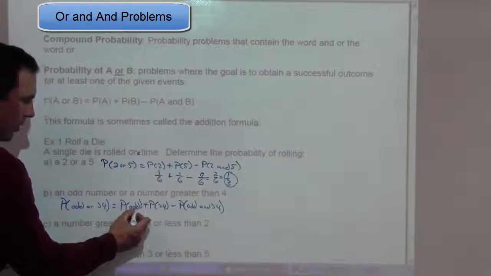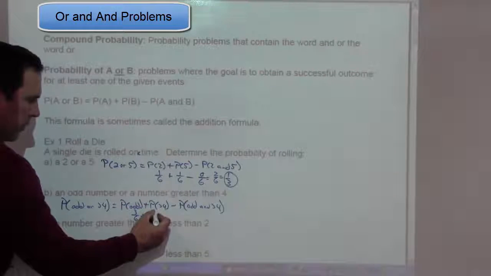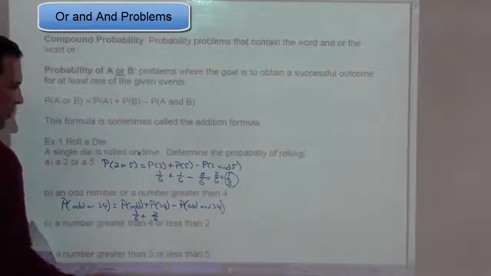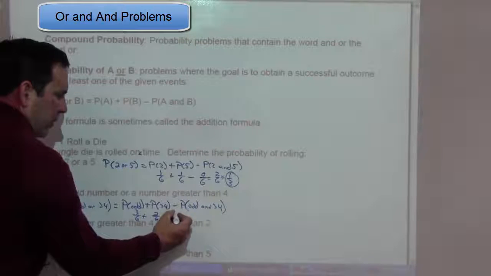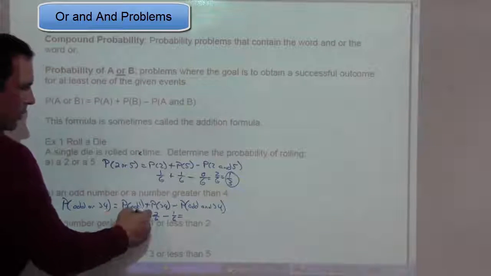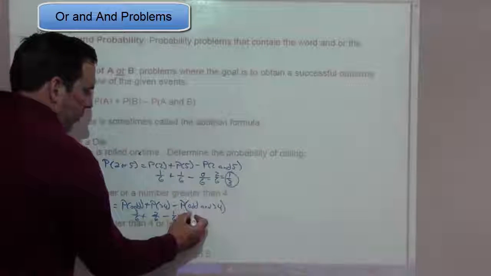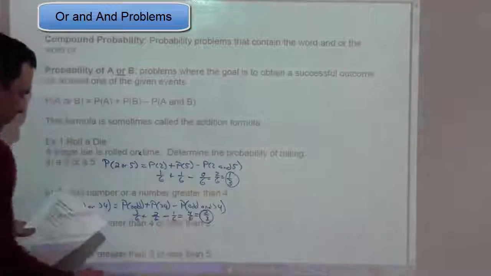So how many odds are there? There are 3 out of 6 odds. How many numbers are bigger than 4? 2 out of 6 numbers are bigger than 4. Then how many are odd and bigger than 4? Just one thing, that's 5. So 1 out of 6. 3 plus 2 is 5, minus 1 is 4 over 6, which is 2/3.